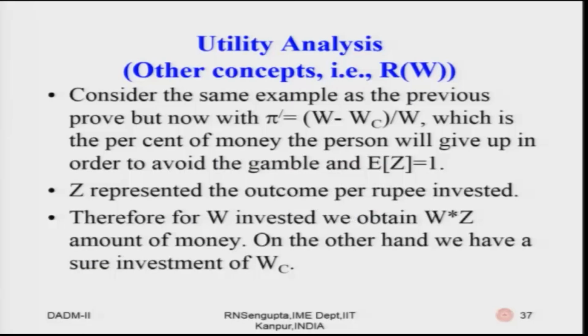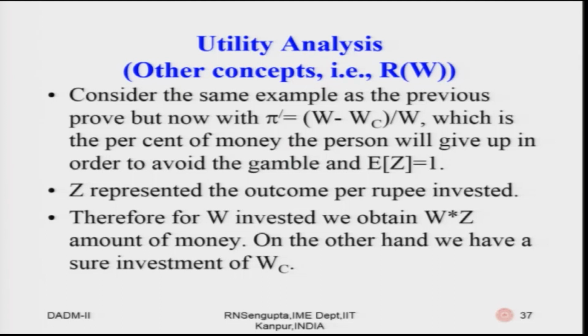So, let us come back to the actual conceptual way in which you analyze and find out the expansion of r prime, what the actual formula is that we will be utilizing, and how we derive r. Consider the same example as we did in the previous case when we were considering the absolute risk aversion property.